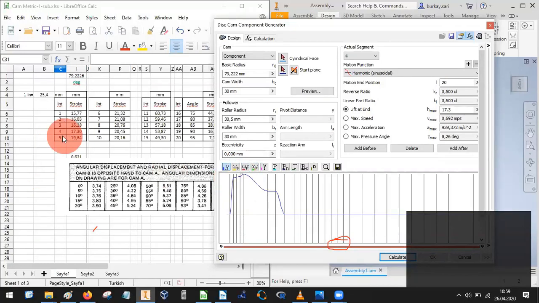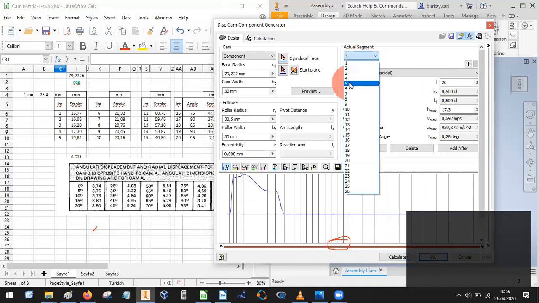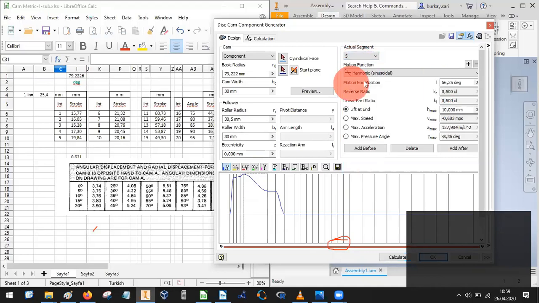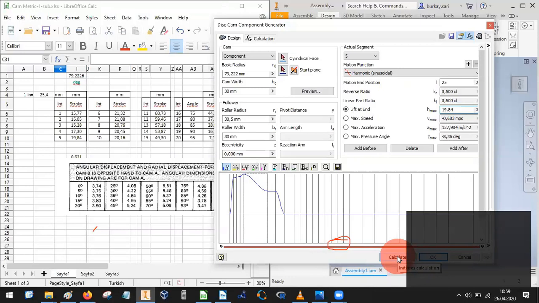Okay? The fifth one, I will go to the fifth segment. This is 25, the ending position. And the lift at that point is 19.74. And hit the calculate. In every segment, please make the calculate.